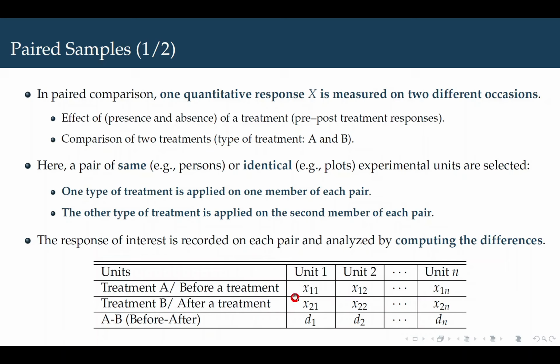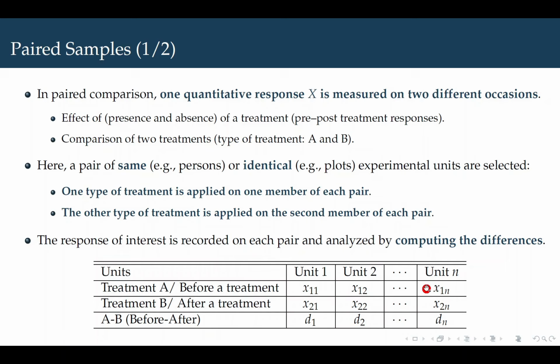Then instead of the actual observed values of the response of interest, like x11 and x21, x12 and x22, x1n and x2n, the analysis relies on the differences of each pair of responses. So for unit 1 we are interested in the difference x11 minus x21. Let it be D1. Similarly, the difference between x12 and x22, let it be D2.